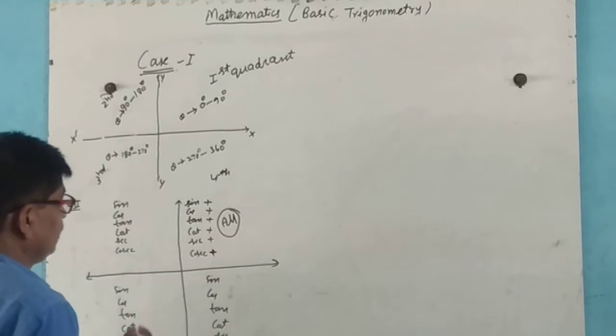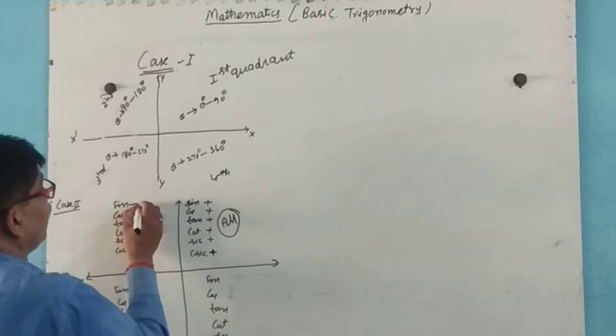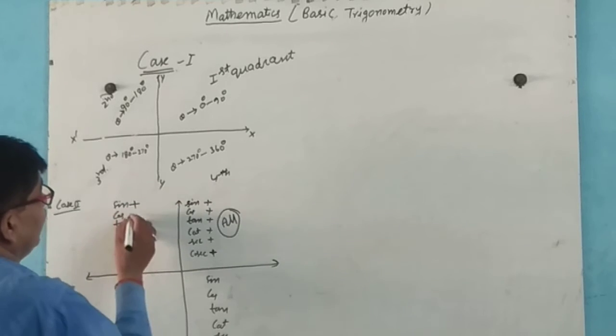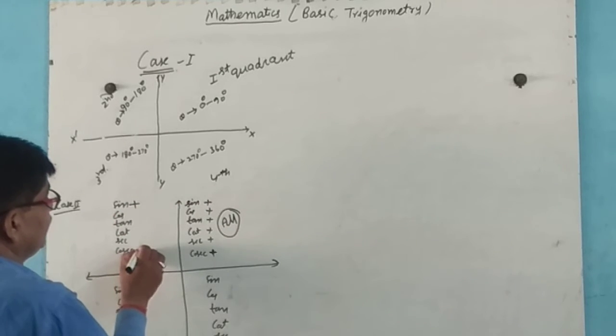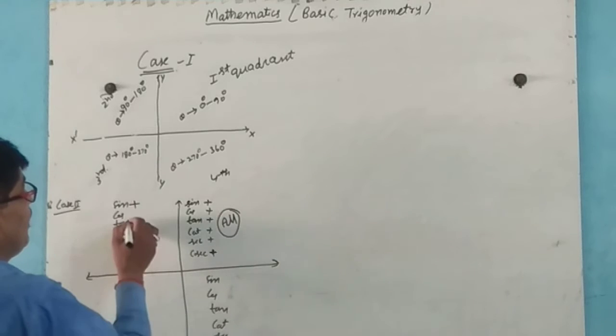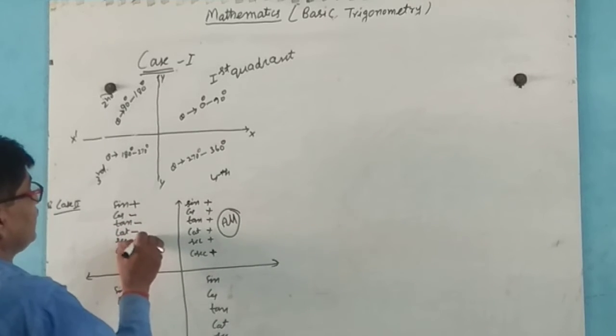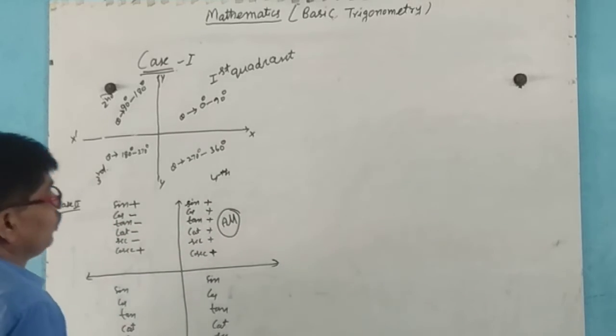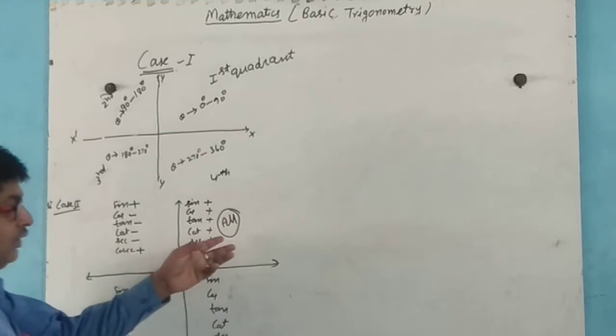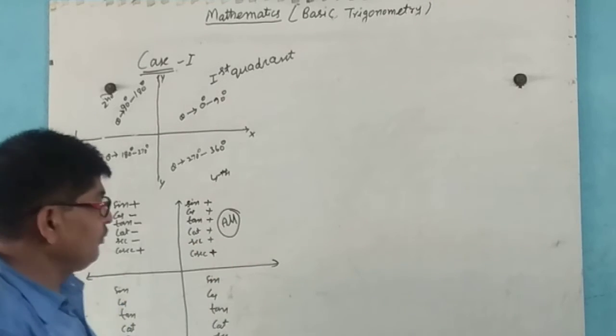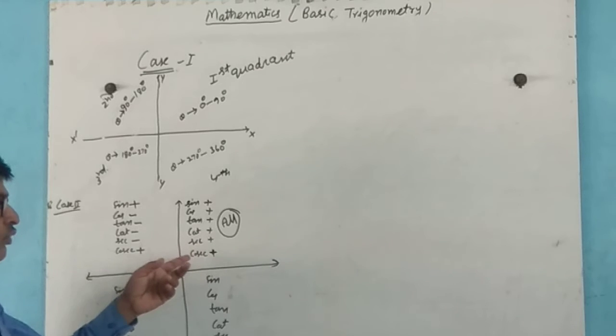Remember, here only sine is positive and its reciprocal is positive, and the others are negative, so that here all are positive: sine, cos, tan, cot, sec, cosec.